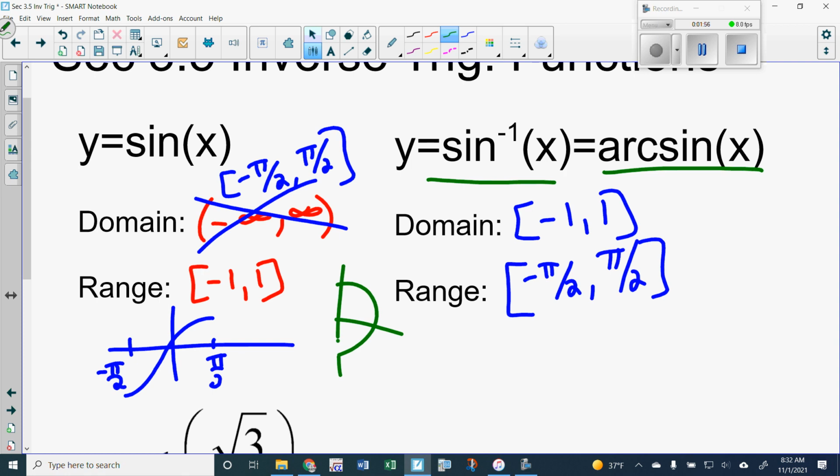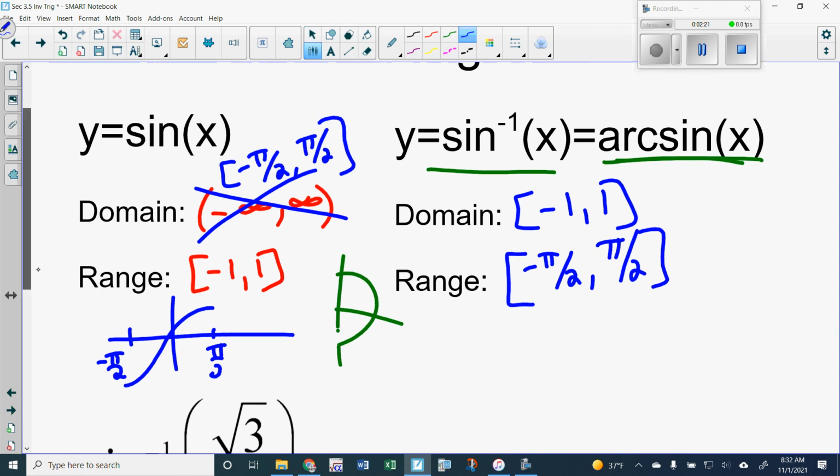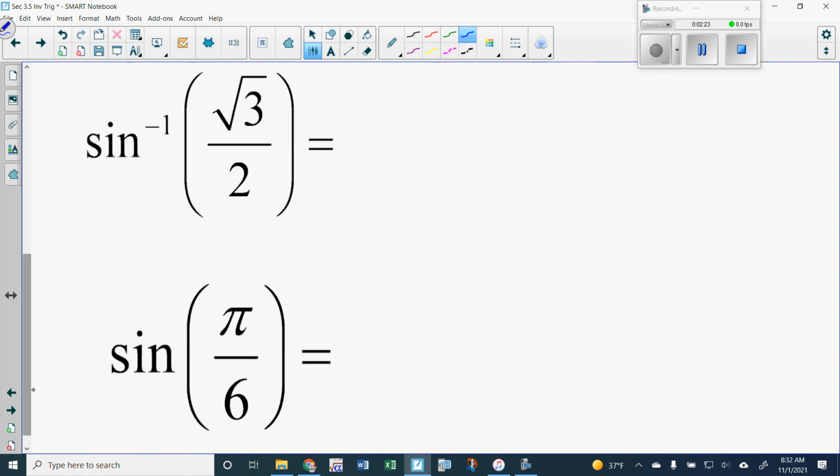For example, if you're on Wolfram Alpha or some of those online calculators, they will use arc sine instead of sine to the negative 1, because sine to the negative 1 could be misconstrued as an exponent, even though it's not, it means inverse. So they use arc sine so that you don't have that confusion. I like using sine to the negative 1. That's just what I prefer to use.